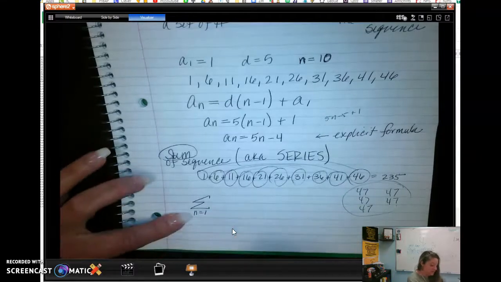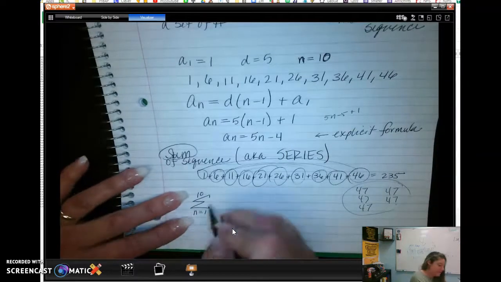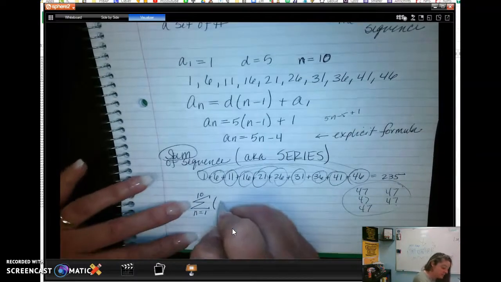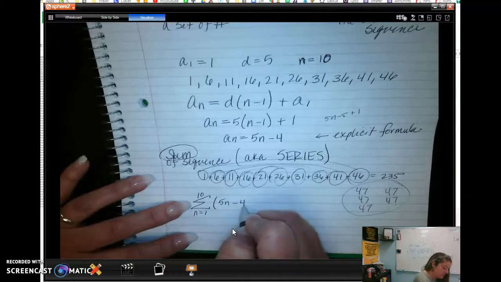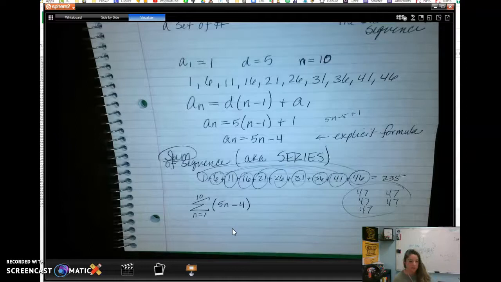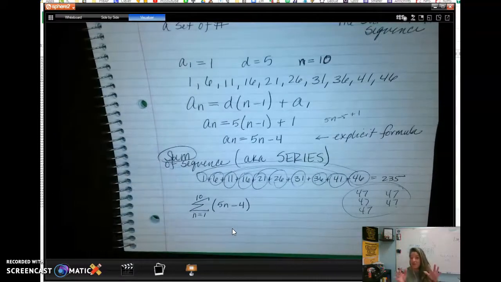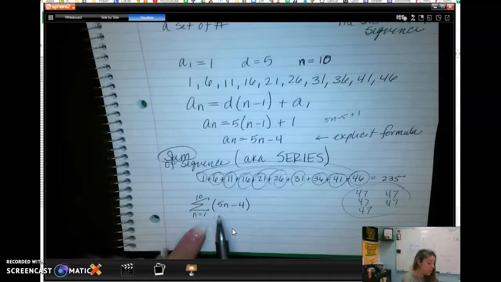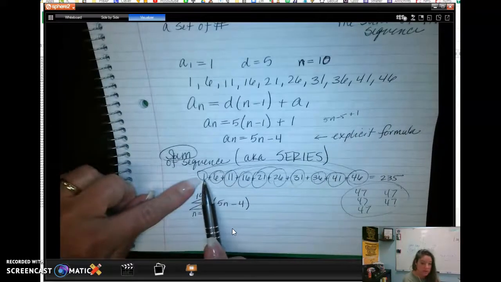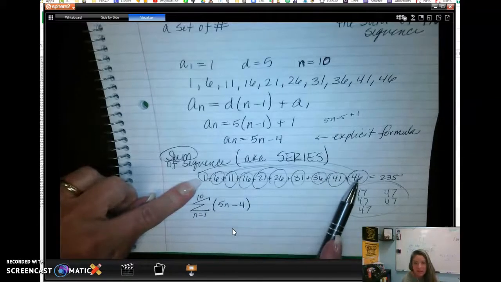Okay, starting with the first term, ending with the 10th term, and then next to the sigma notation goes the explicit formula. So this example, this is what it looks like. Now, last week, you were supposed to write it all the way out, put all the little plus signs in there, and then add it up.